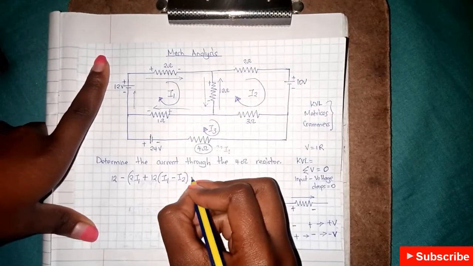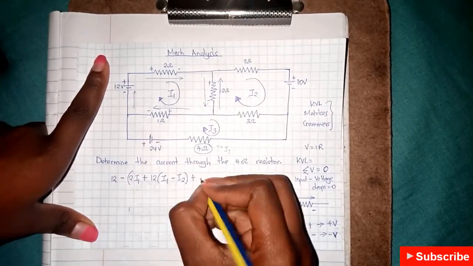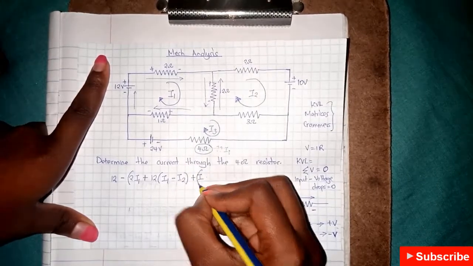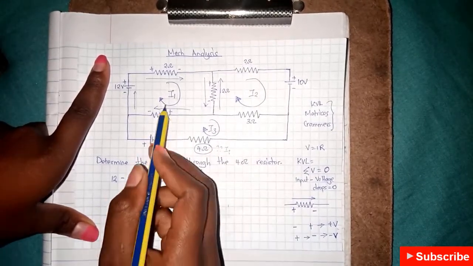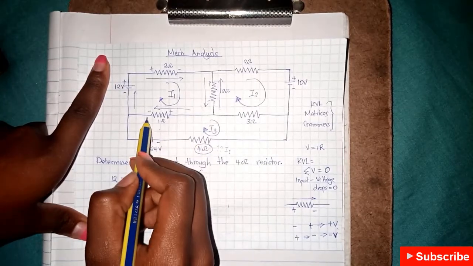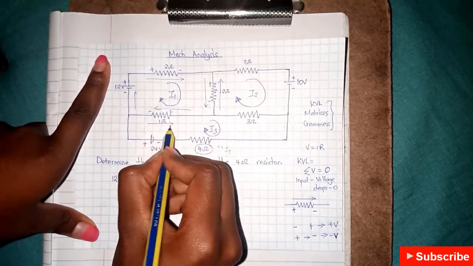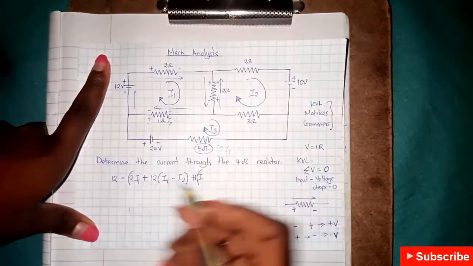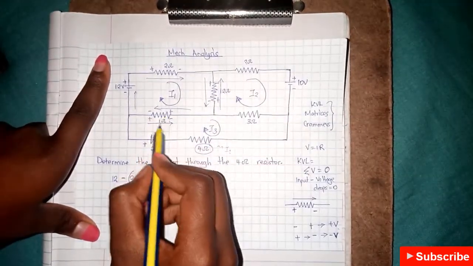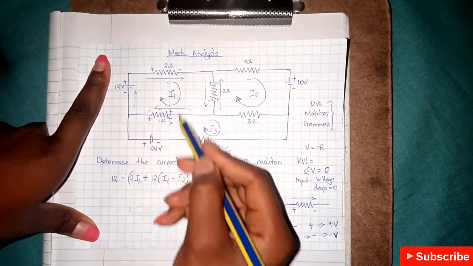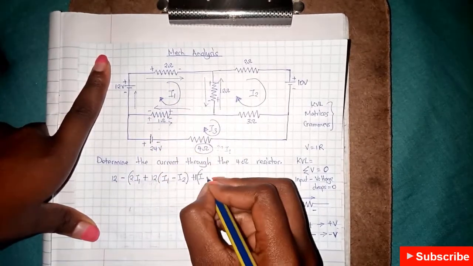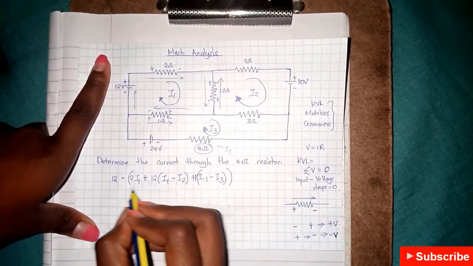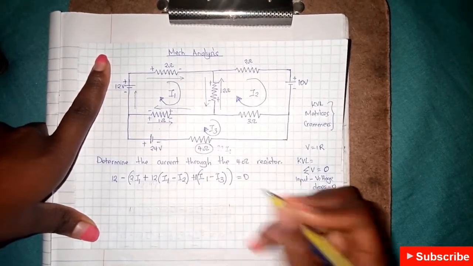So plus this one. Now this is 1. We also have 2. Current is going in the opposite direction. This will be positive, negative. And this means the current here is the difference of the two, therefore I1 minus I3. And when we sum all this, we should get 0.